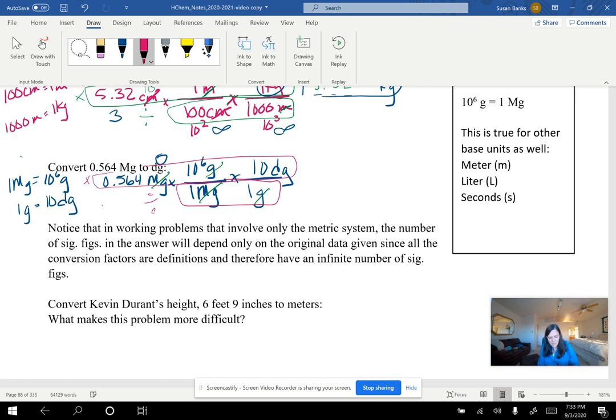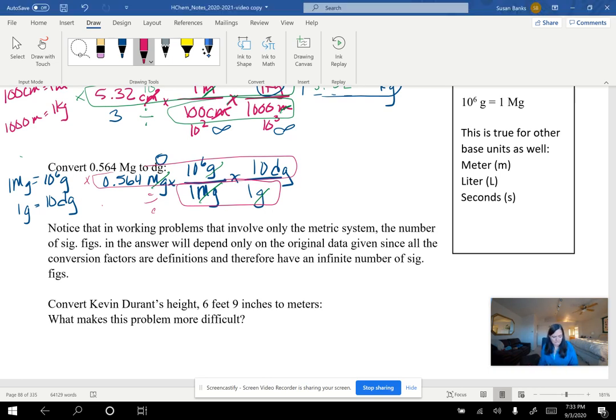So that should give us quite a lot. It should give us 5,640,000. So this is how I am putting it into my calculator, 10 caret 6 and then multiplied by 10.